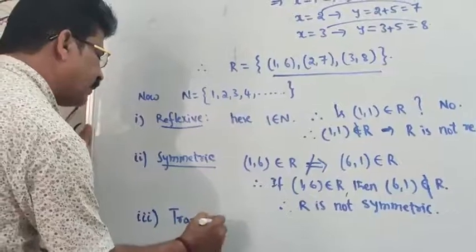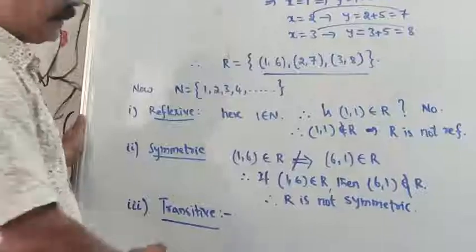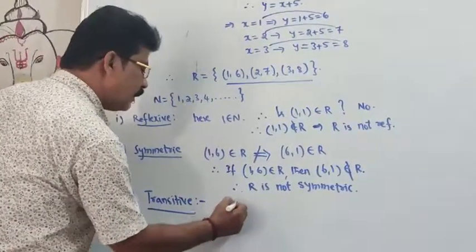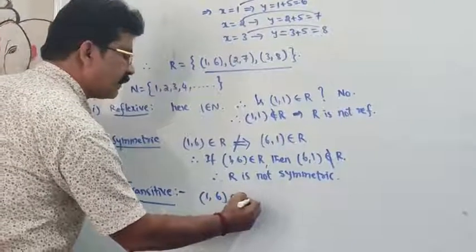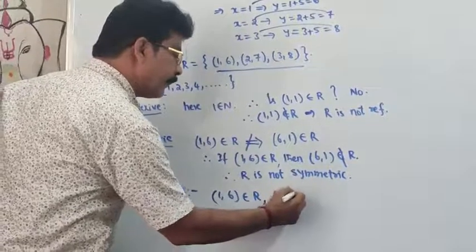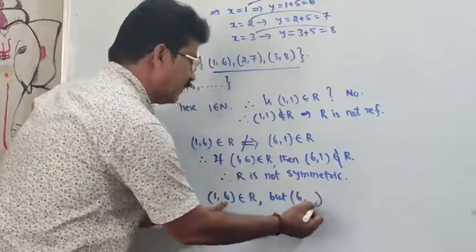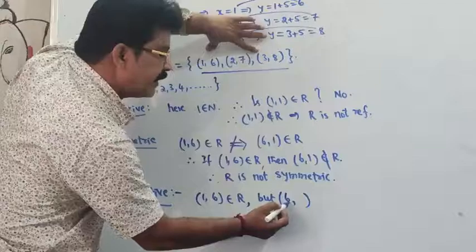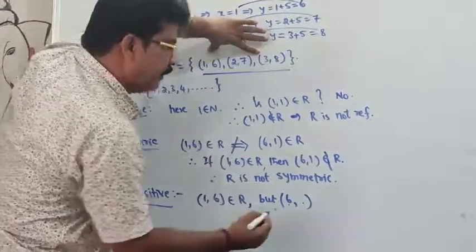Next, number 3, transitive. Test for transitivity. Here (1, 6) belongs to capital R, but for a pair starting with 6, (6, something), there is no element starting with 6.